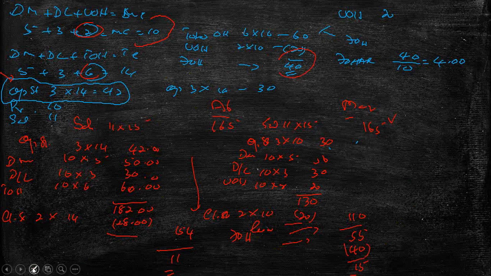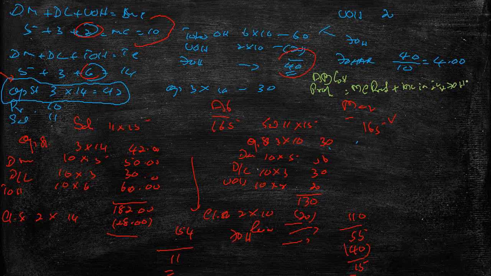Absorption costing profit is equivalent to marginal costing profit plus the increase in inventory into the fixed overhead absorption rate. Clear?